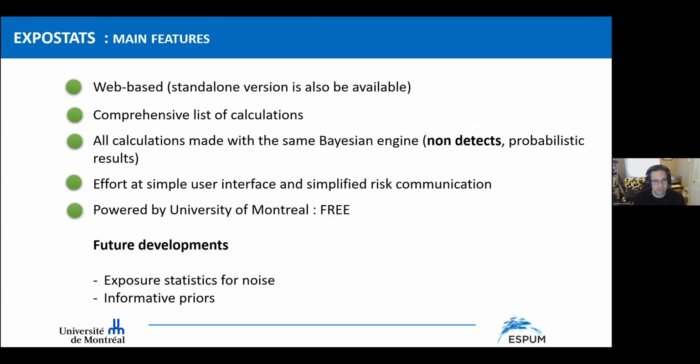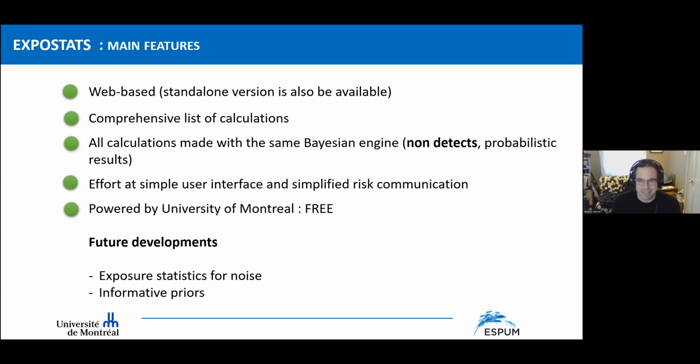Because one characteristic of Expostats is that it's not a private endeavor. So basically, my weekend time and my personal money is what makes the tool work. So there's a comprehensive list of calculations, as everything that I presented yesterday and the day before is calculated on our tools.